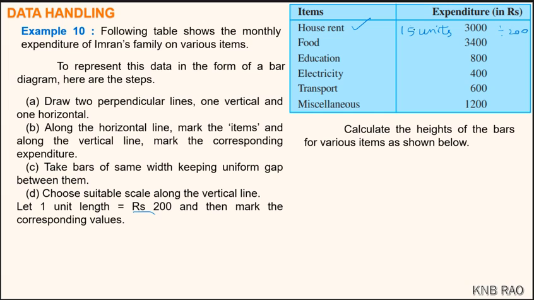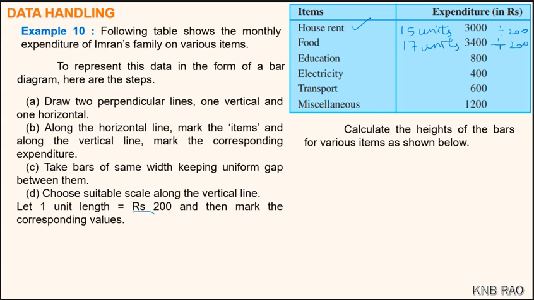Similarly, for food, where the expenditure is 3400, the height is 17 units, as 3400 divided by 200 gives 17.